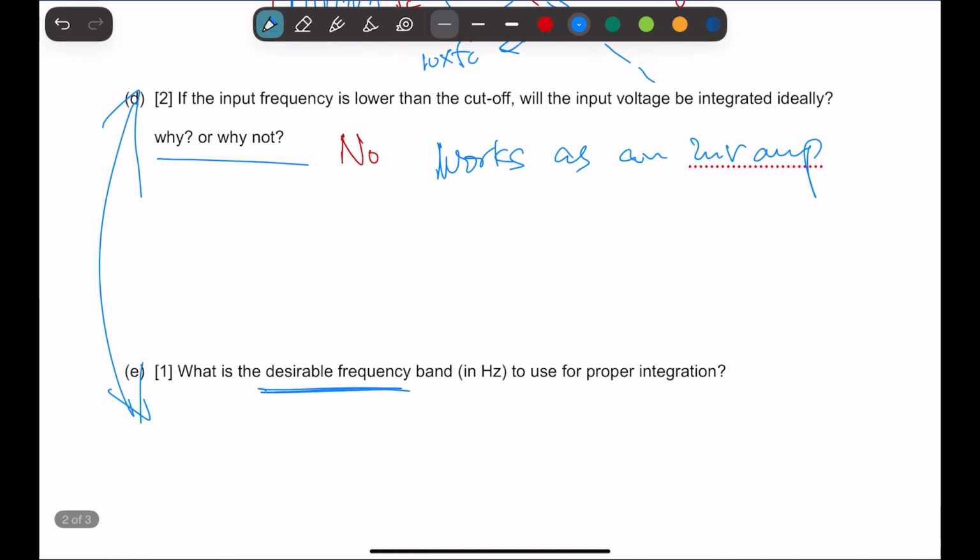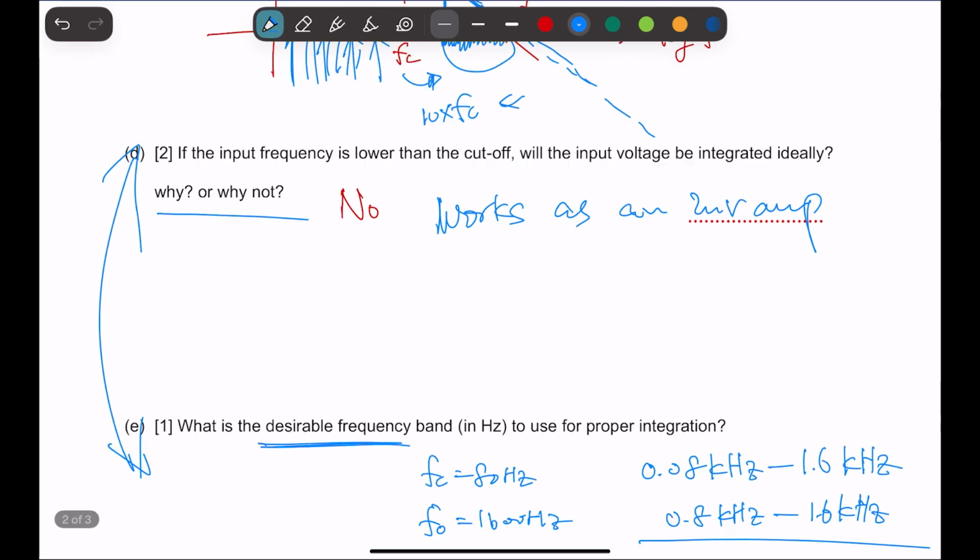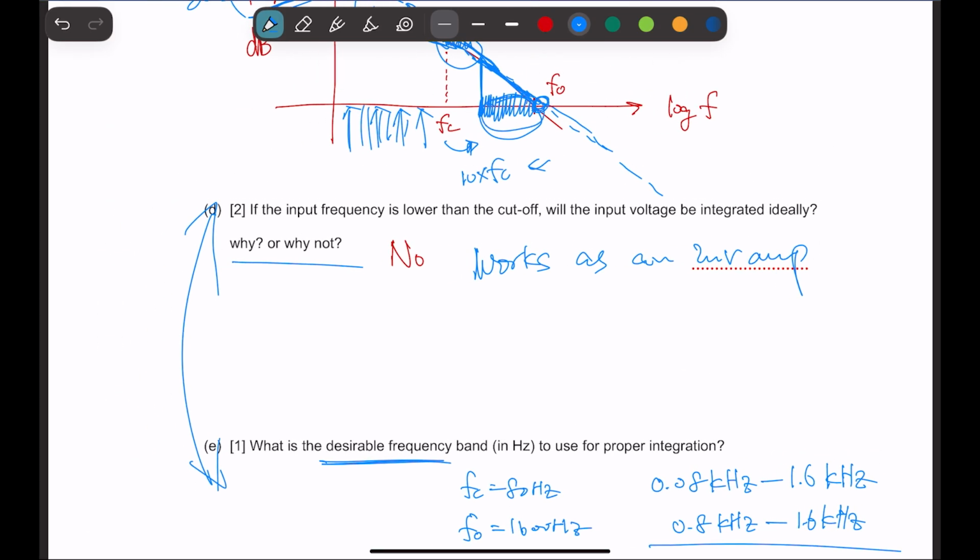So in our case, my FC was 80 hertz, my F naught was 1600 hertz. So you can do 0.08 kilohertz to 1.6 kilohertz. That's the range, or you can try 0.8 kilohertz to 1.6 kilohertz, something like that, if you want to make it a little bit tighter. This is 80 and this is 1600. Okay?